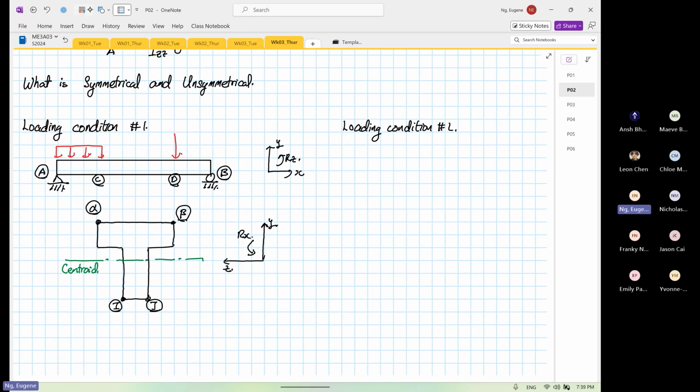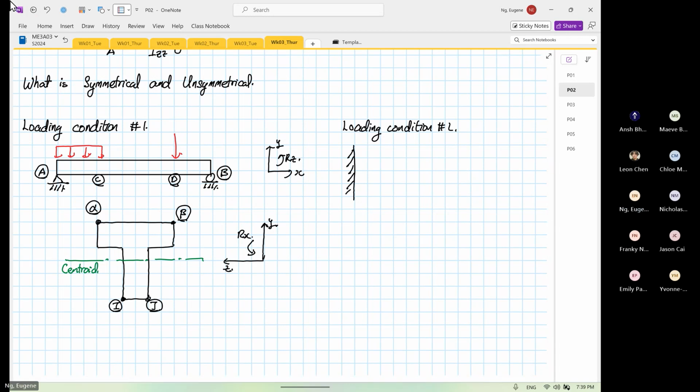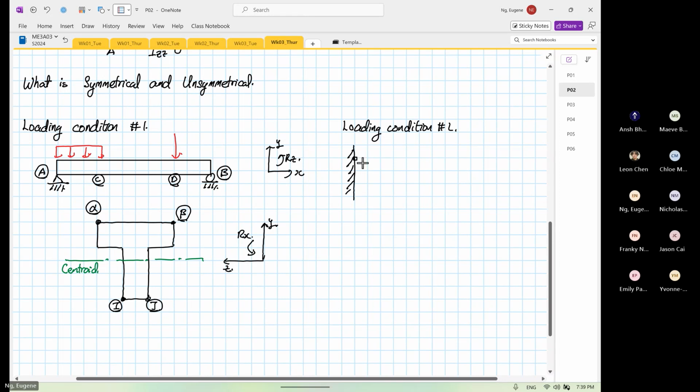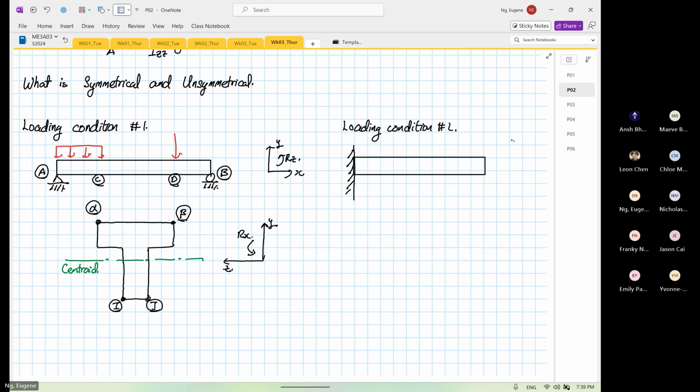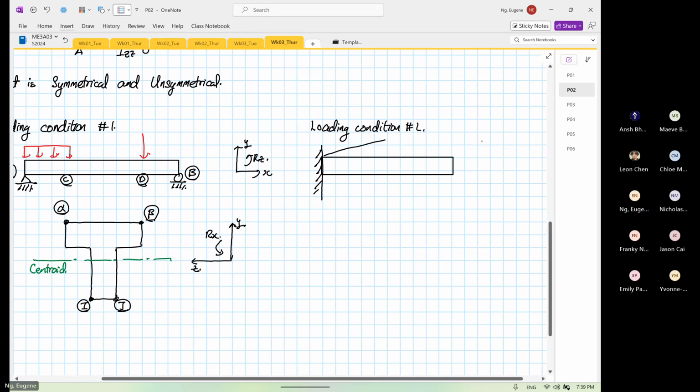Now loading condition number 2, we are going to have a built-in. And then on this built-in, we have what we call a gradient distributed load.